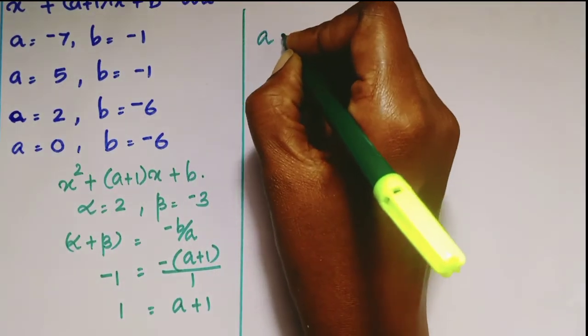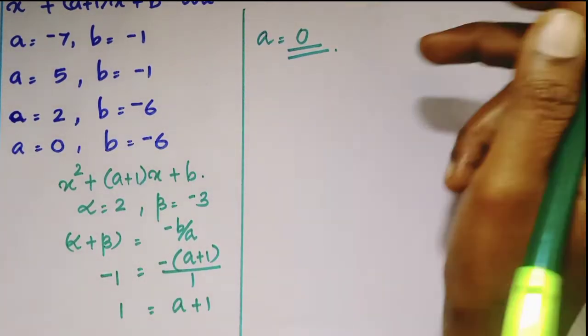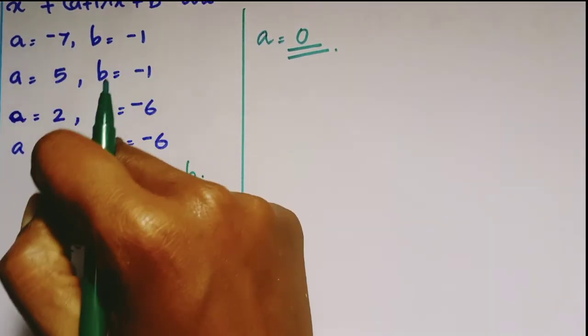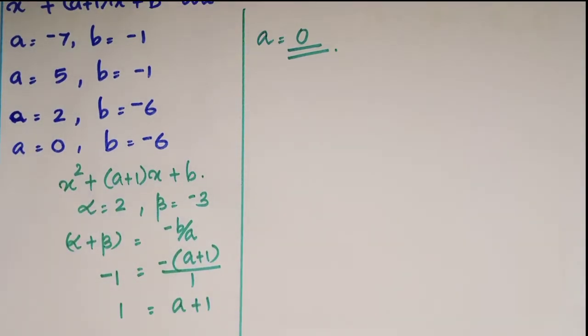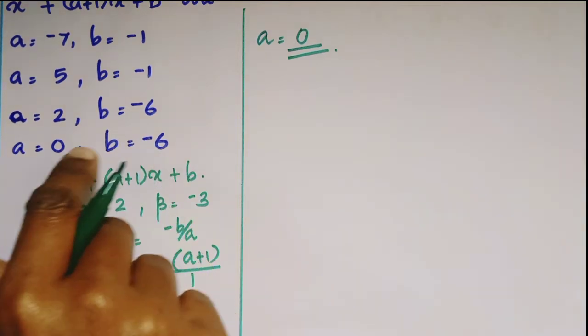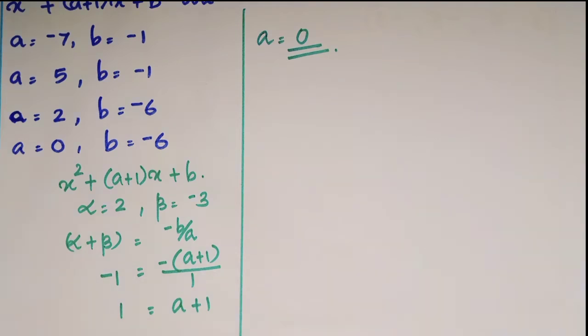Then a equal to 0. So the value of a is 0. Here we are having one option with the value of a 0. But sometimes more than one option will have the same value for a. Then we have to find out the value of b also.